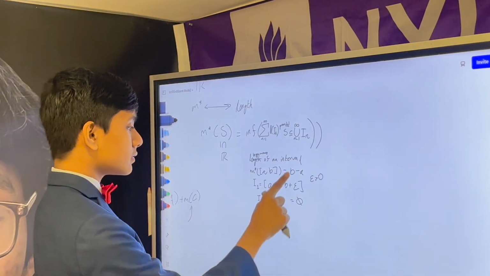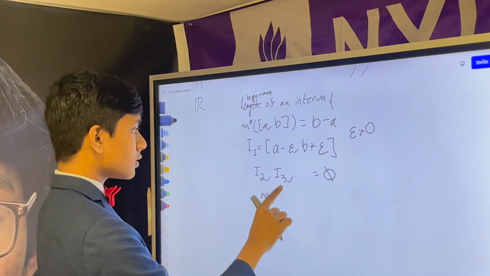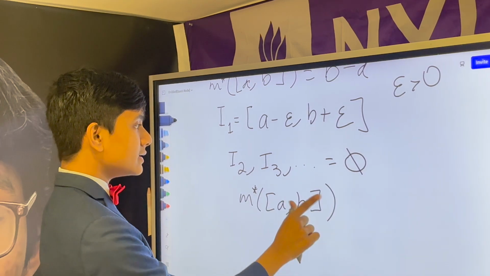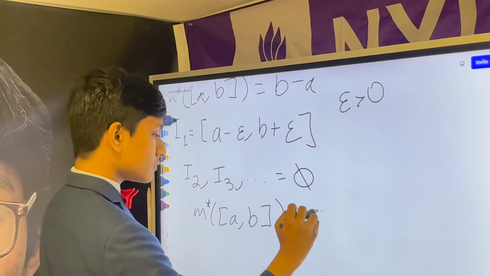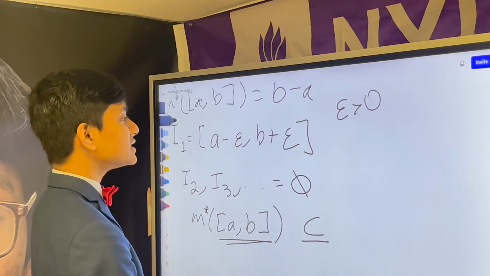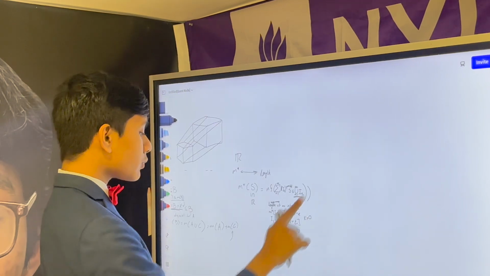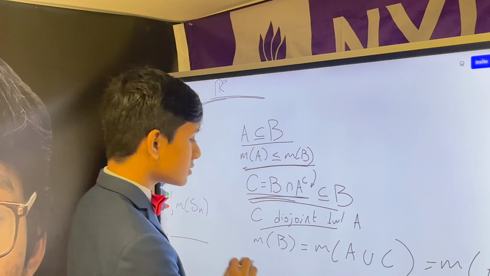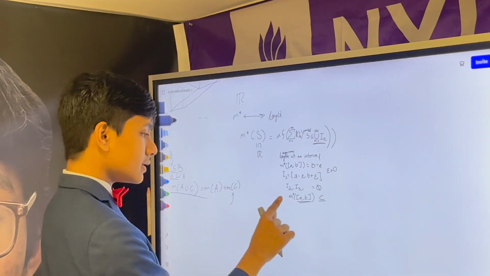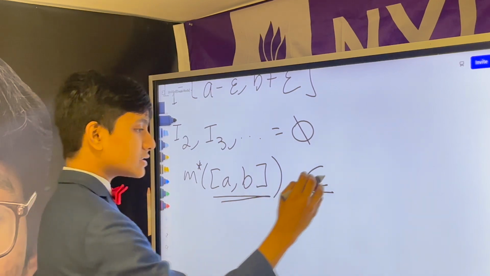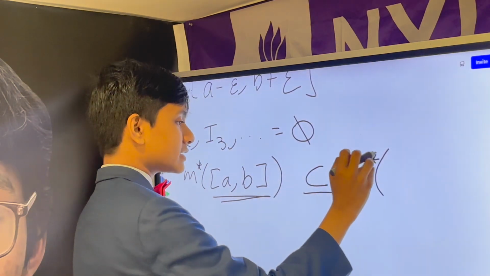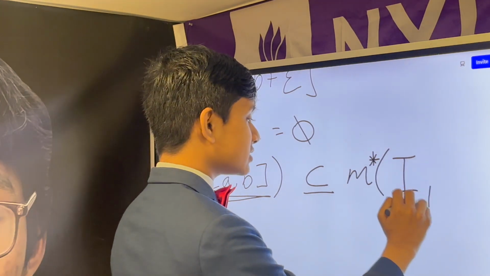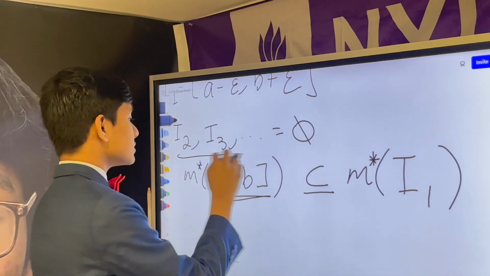So then, the Lebesgue measure of A comma B, since this has to be a subset of that union, remember what we covered before about subsets, which implies that this measure has to be less than the Lebesgue measure of, well, the union of all sets is the exact same as just I1 by itself, since I2, I3, etc.